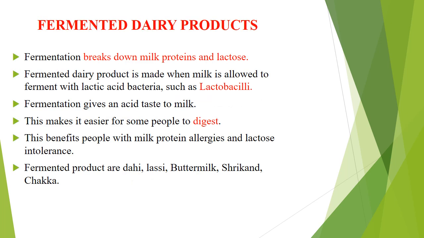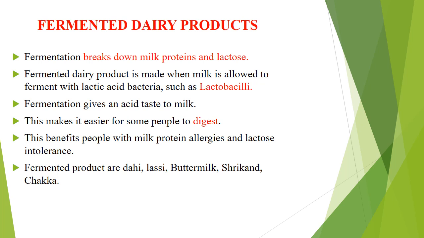And we'll see about the fermented dairy products. The fermented dairy products are made when milk is allowed to ferment with a lactic acid bacteria called lactobacillus. Here the milk is fermented using harmless microorganisms or bacterial culture.